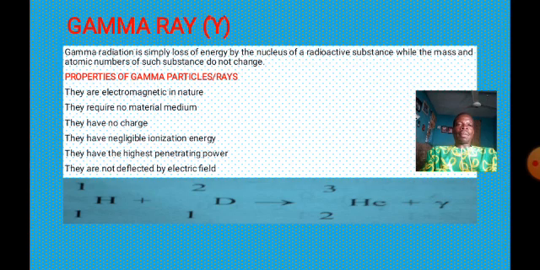Helium with atomic number 2 and mass number 3, with the release of energy represented by the gamma ray. So that is what we have for today.